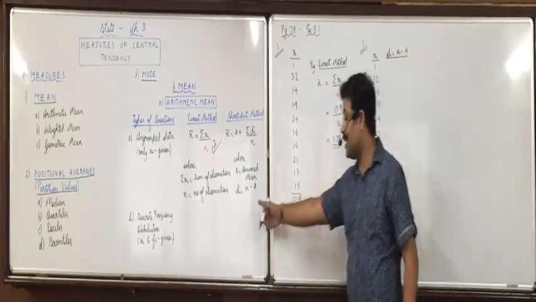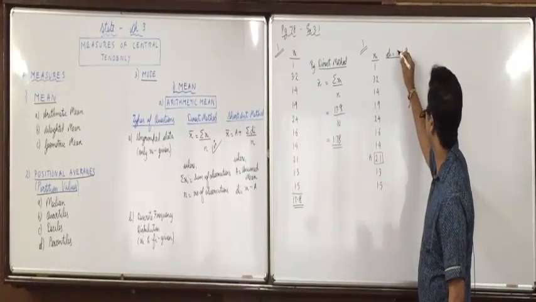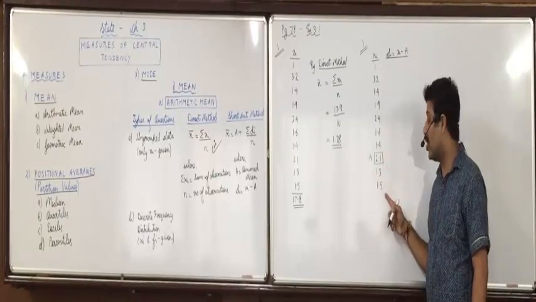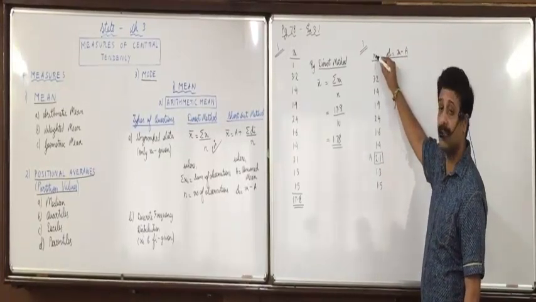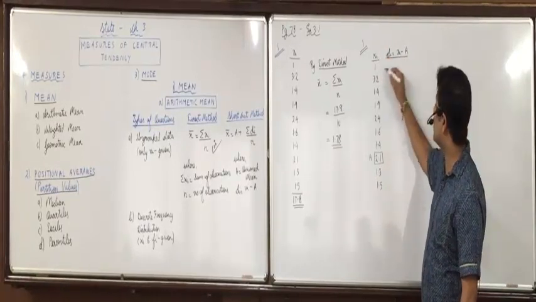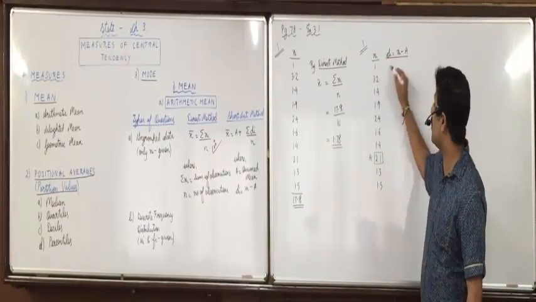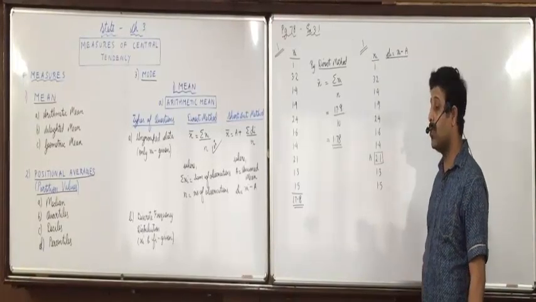Now di is equal to xi minus A. It means from all observations, you'll minus 2.1. For example, xi is 1, minus A, so 1 minus 2.1. Then again 3.2 is xi, so 3.2 minus 2.1.